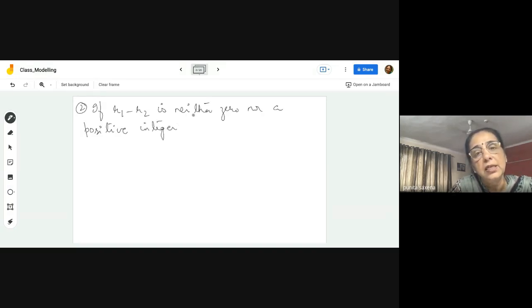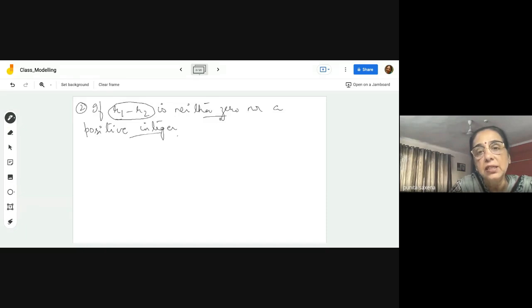Okay, it's neither 0 nor a positive integer. That means R1 minus R2 do not differ by an integer, and R1 minus R2 is not equal to 0. That means R1 is not equal to R2.